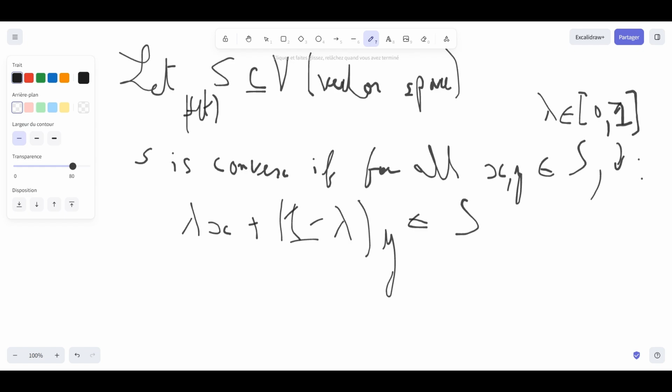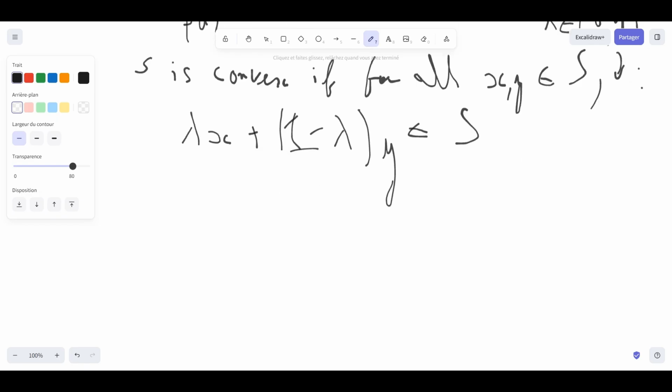So, for example, if you want to think of a convex set, intervals are convex sets because, let's say for example [0, 1].